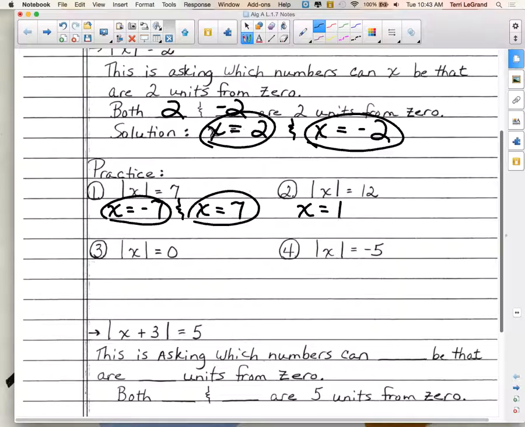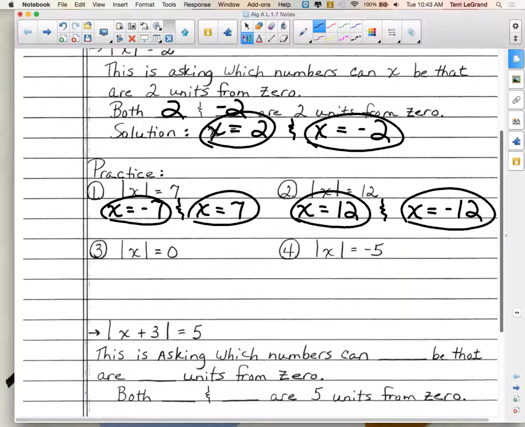So x equals 12, x equals negative 12. So in other words, if we put 12 in here, we would say 12 is 12 units away from 0. If we put negative 12 in here, how far is negative 12 from 0? It is also 12 units. Are there any other numbers that are 12 units from 0? No, there aren't. So there are these 2 solutions.